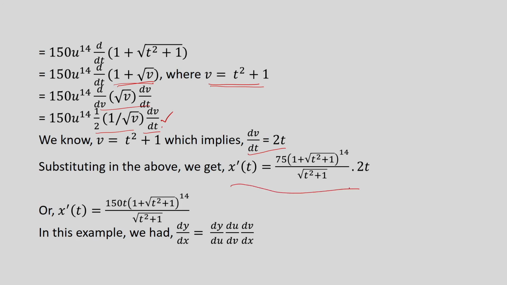I substitute that back in this expression and I get x prime t is equal to, notice what I am doing here, 150 multiplied by half is 75, and then we have u to the power 14. I have just substituted back the expression for u here.